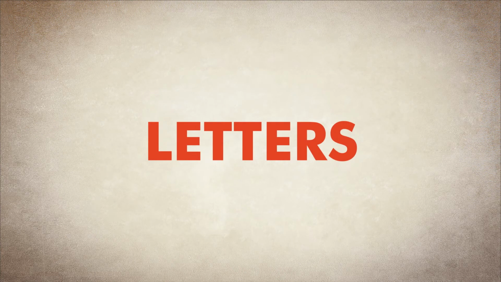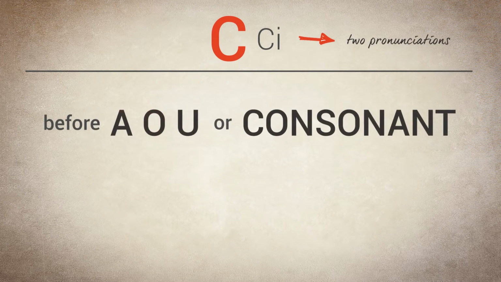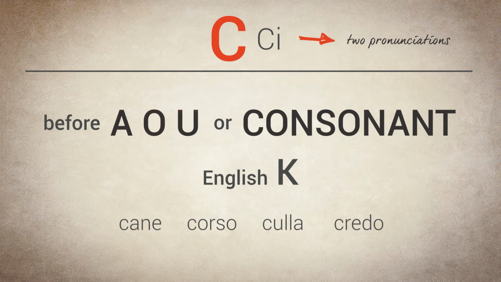Now let's see basic rules about some problematic letters, as for example, C. We said that C has two pronunciations. Before A, O, U, or a consonant, it sounds like an English K. For example, cane, corso, culla, credo.